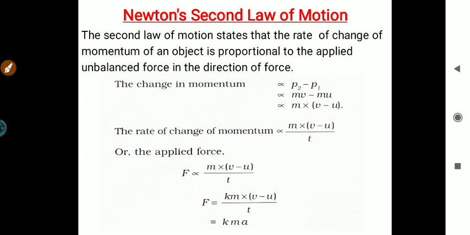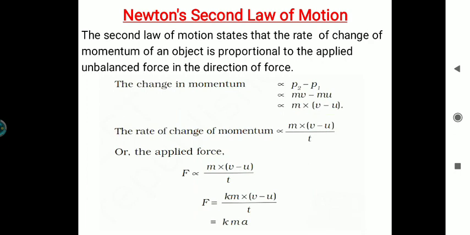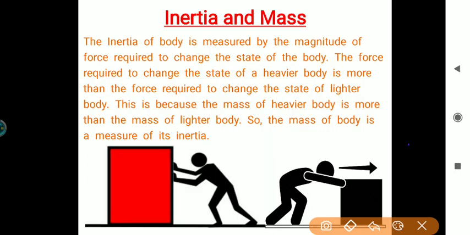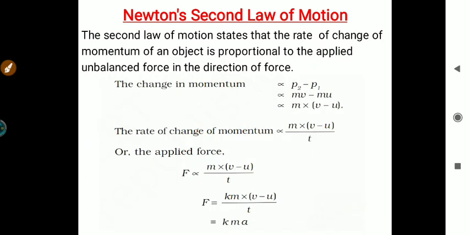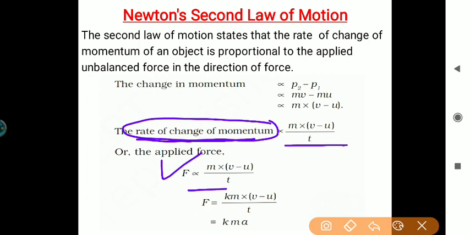We know that momentum is mass into velocity. So put here m into (v minus u), and the rate of change of momentum means it is divided by t. So the rate of change of momentum is directly proportional to the force.